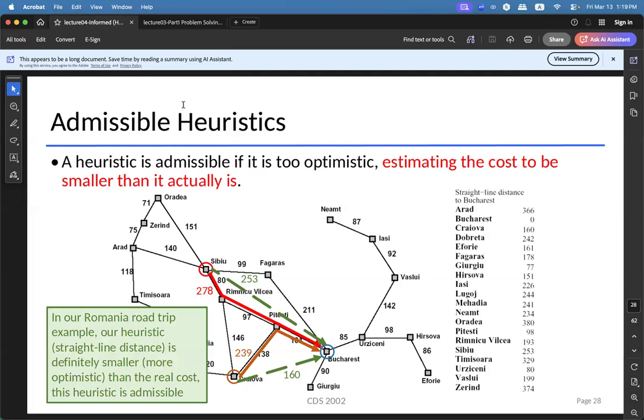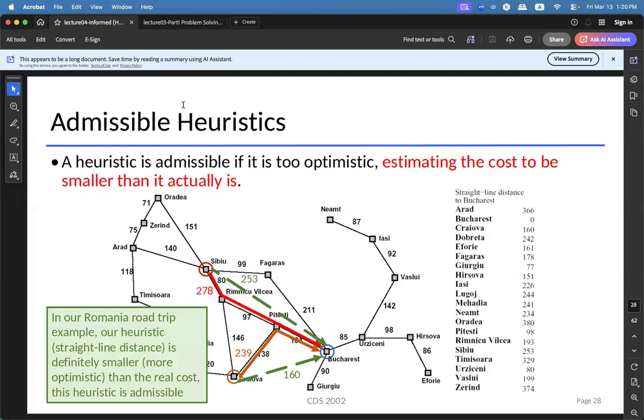Taking a look at our heuristic, the heuristic we use for this example is the straight line distance between any node and Bucharest, the goal state. We know mathematically the shortest distance between two locations is the straight line distance. So no matter what route you are taking, the straight line distance must always be shorter than that route.